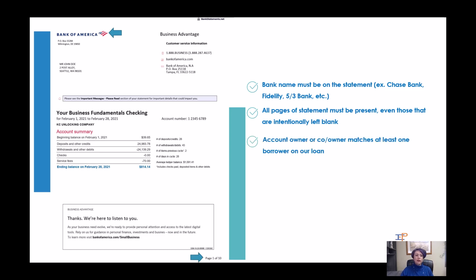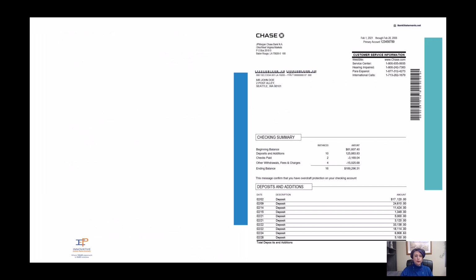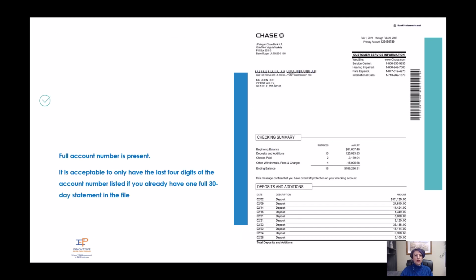We need the account owner or co-owner to match at least one of the borrowers on our loan. We need to see all transactions, such as the deposits and the withdrawals, that are listed. We need to make sure the account number is present.